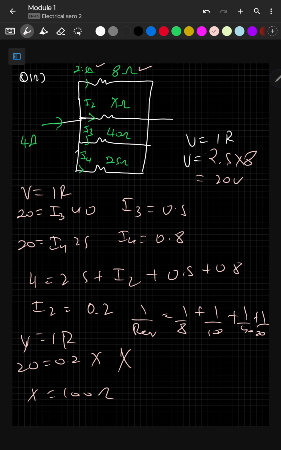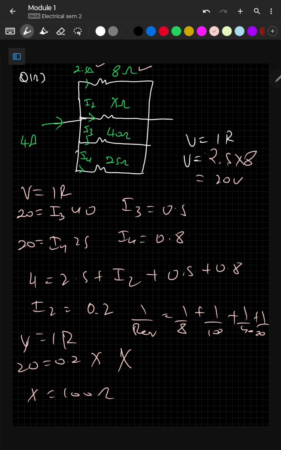I almost forwarded until I saw the solution. So it's very important that you read the question again and again. So 1 by 8 plus 1 by 100 plus 1 by 40 plus 1 by 20. I think I've made a mistake somewhere. No, it was correct.